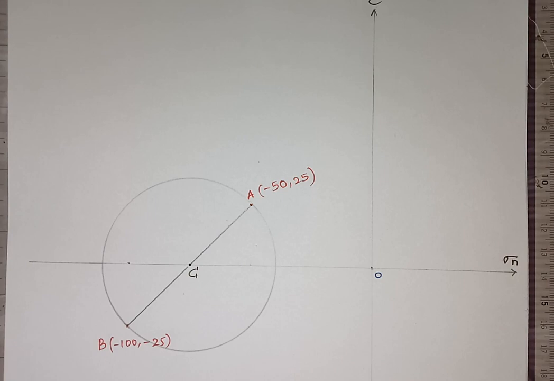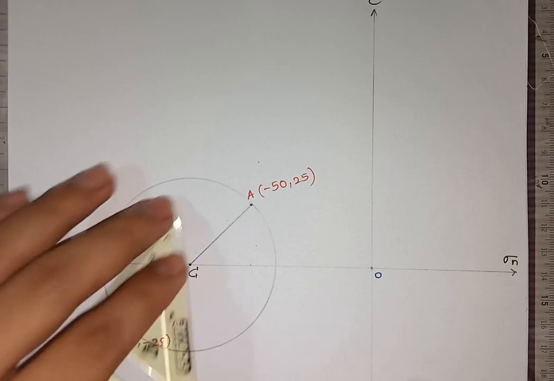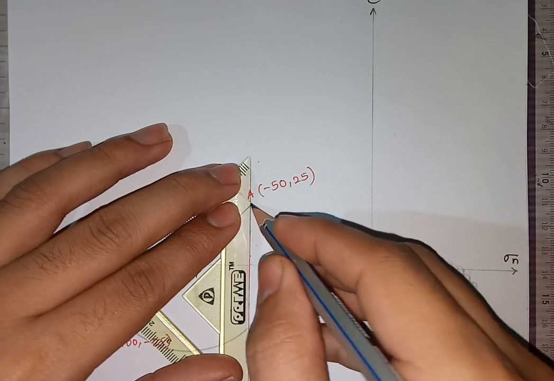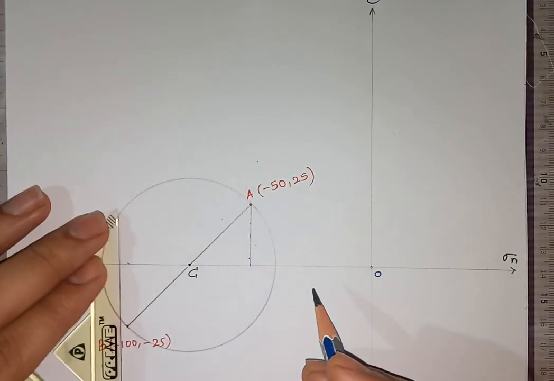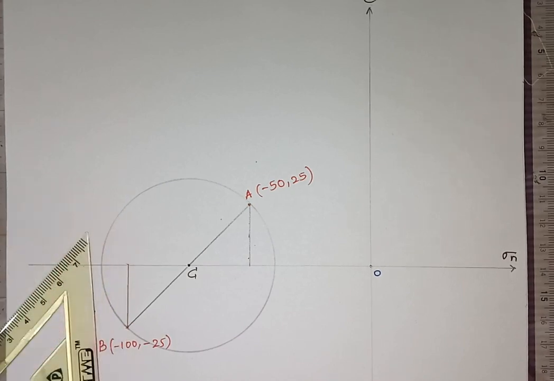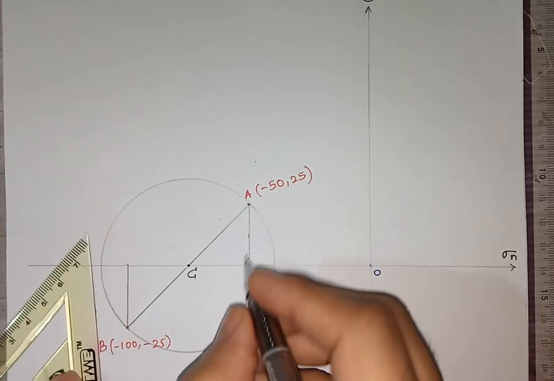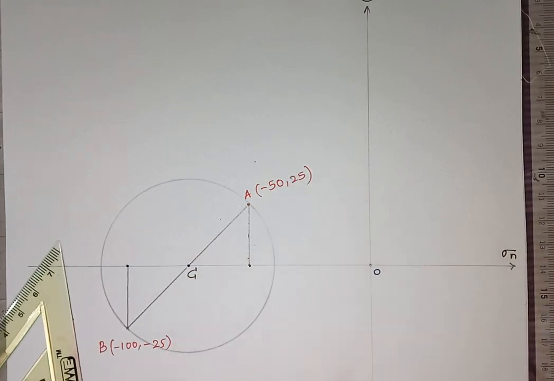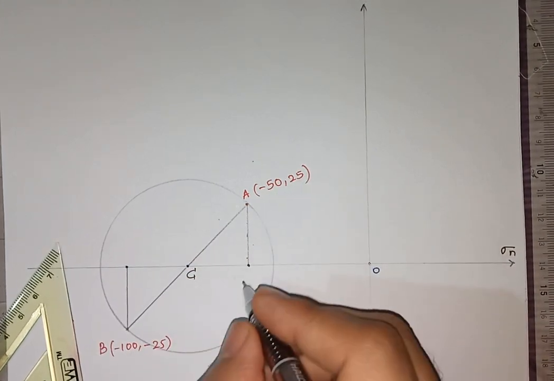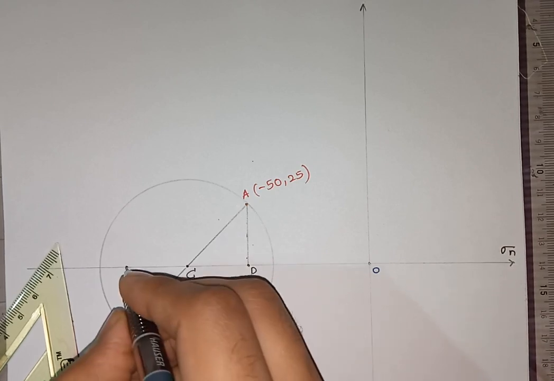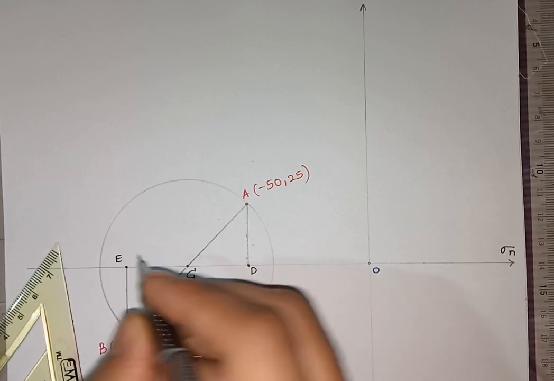Now you know what is to be done next. We are going to draw the perpendiculars, right? From this point I'll drop a perpendicular here, and from this point I'll drop a perpendicular here, right? So this is A, B, C, then this is point D, and this is point E, right?